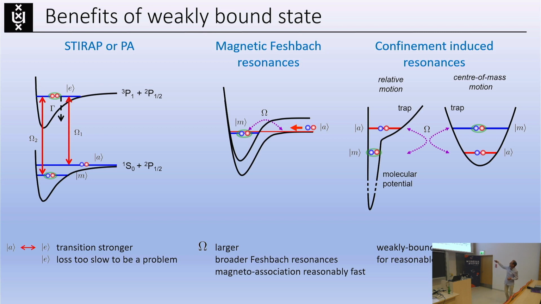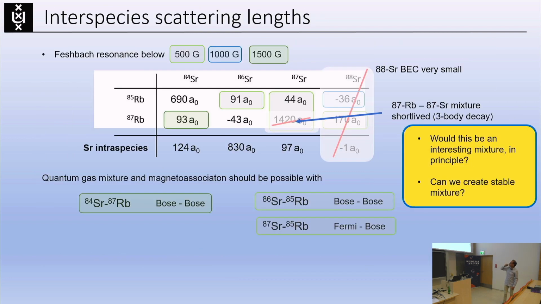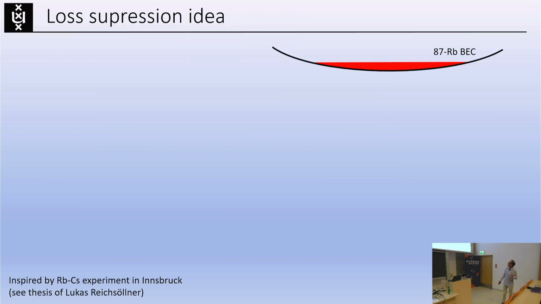And finally, the existence of this very weakly bound state, for us it's just roughly 14 kilohertz bound, gives rise to the possibility to use confinement-induced resonances. I'll talk about it. But, of course, we are not able to create a quantum gas mixture of this type because of the three-body recombination. So how do we overcome this?